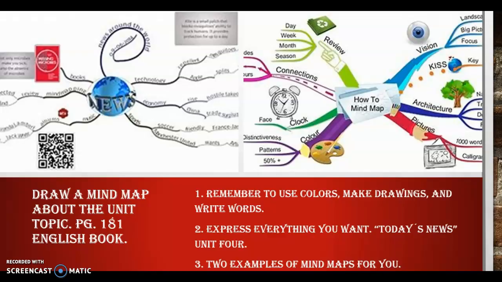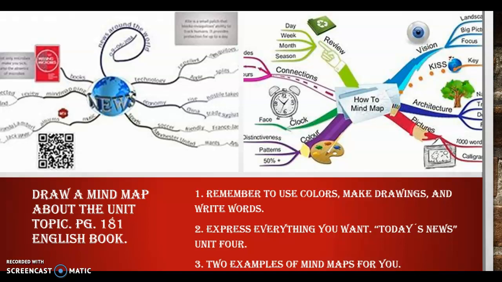Okay, so what else? You also need to draw a mind map in your English book about the unit topic, unit 4. Remember, unit 4, page 181, English book. Remember to use colors, make drawings, and write words.